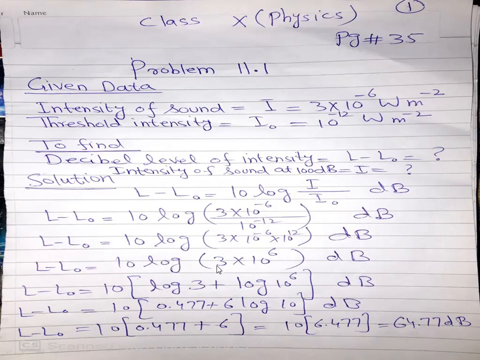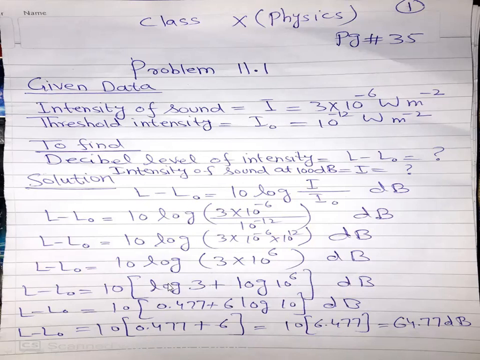Log of 3 multiplied by 10 to the power 6 can be written as log 3 plus log 10 to the power 6. Again, I'm using the property that the power comes in front: 6 log 10. You can write it like this.